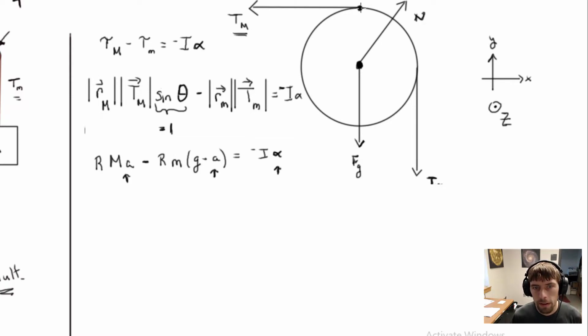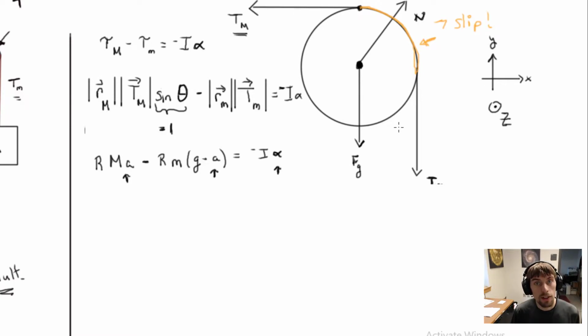Let's think about the rope on the pulley right here, right? And I want to say something about what that rope is doing. I want to say, does not slip. In other words, as the mass falls, as little m falls, the rope moves over the pulley without slipping.